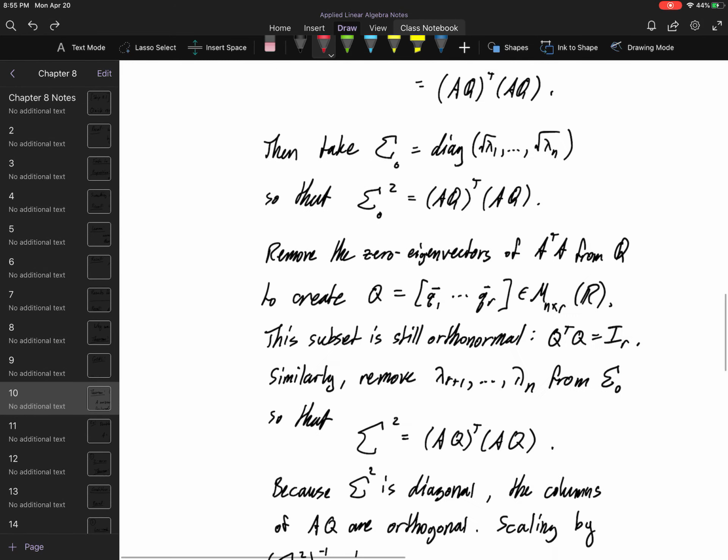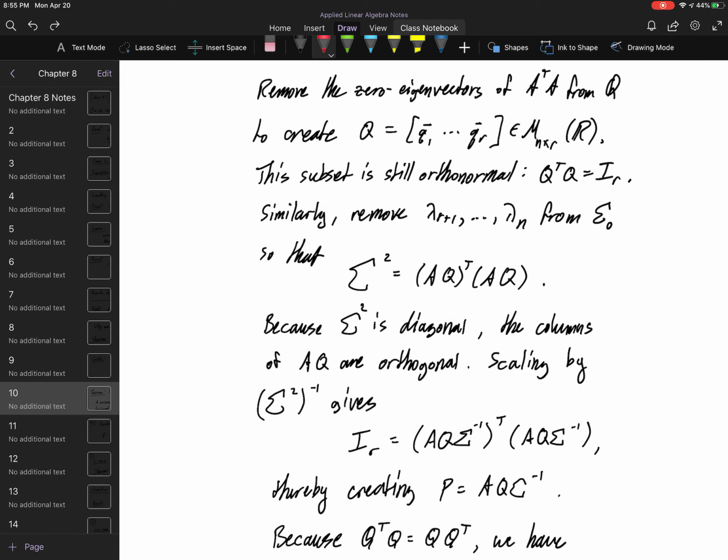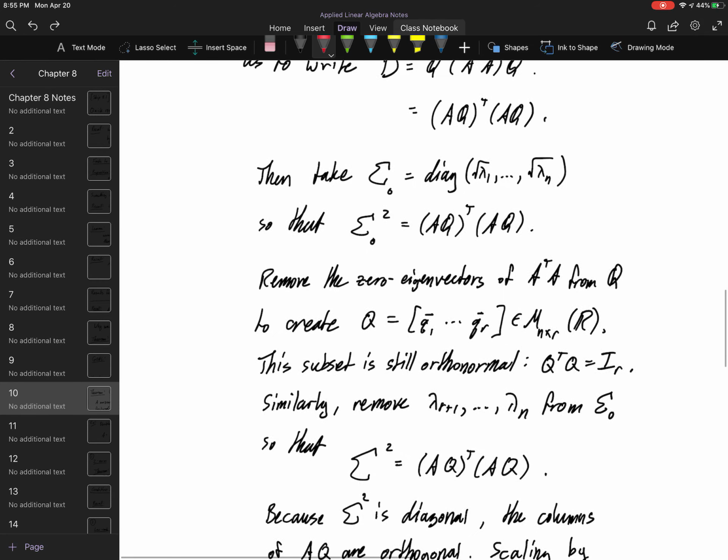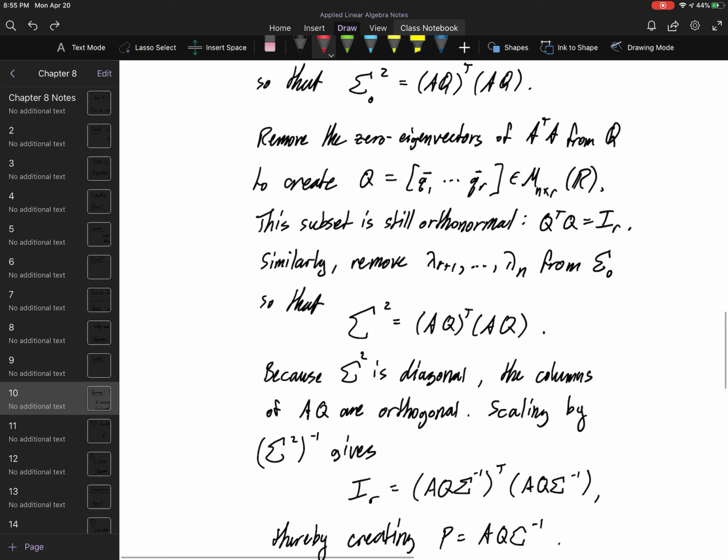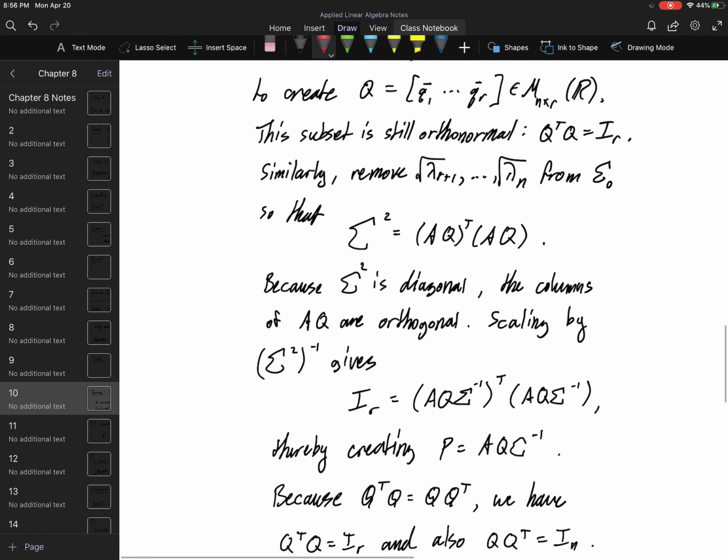So I need to get rid of that many singular values, which means I need to remove those eigenvalues from sigma 0. And technically these would be square roots, is that right? Yeah, these are square roots. Let me go ahead and fix that. Square root. But technically, yeah, screw it. They're all 0 anyway. All those are 0 eigenvalues.